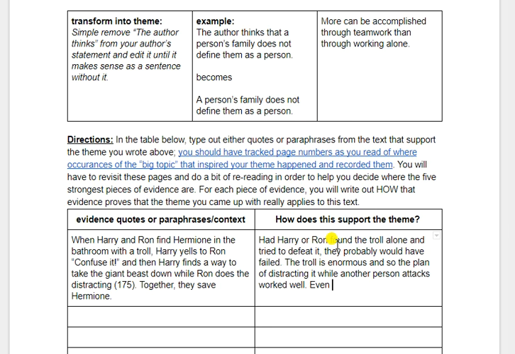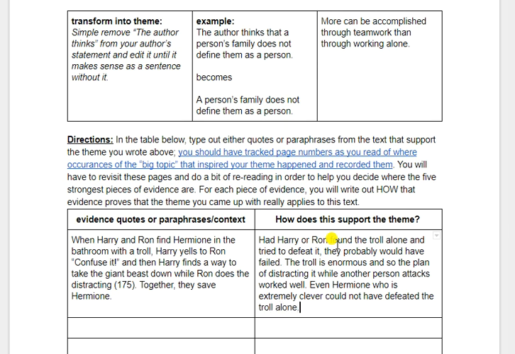We'll say even Hermione, because I'm going to throw in some information about these characters. We know that Hermione is super smart, right? Even Hermione, I don't even need a comma there, who is extremely clever, could not have defeated the troll alone.